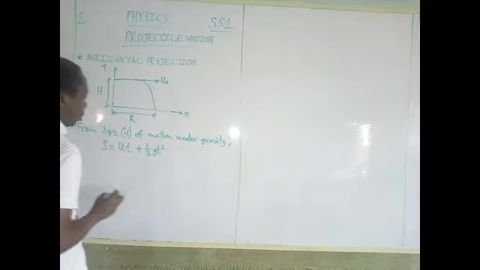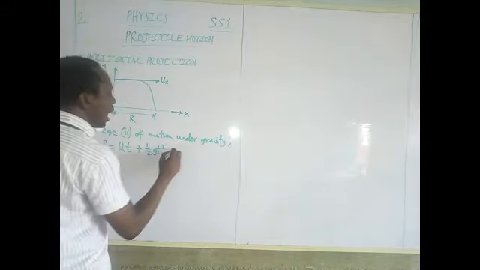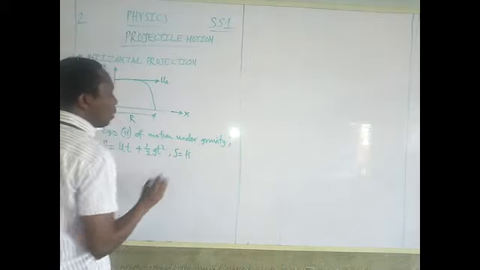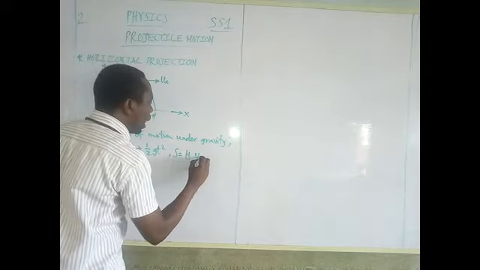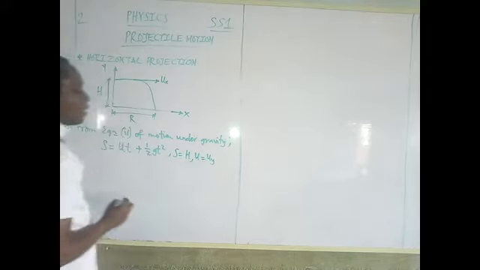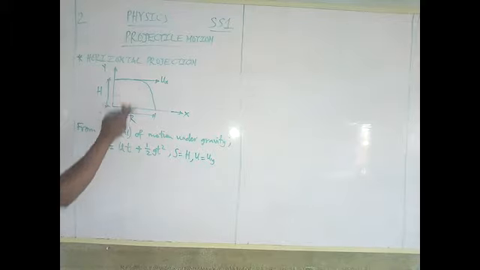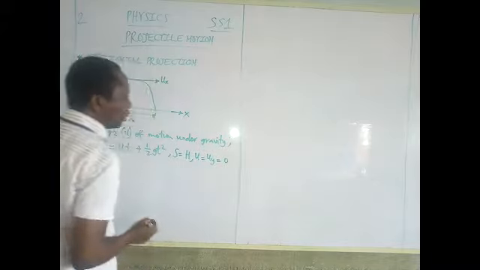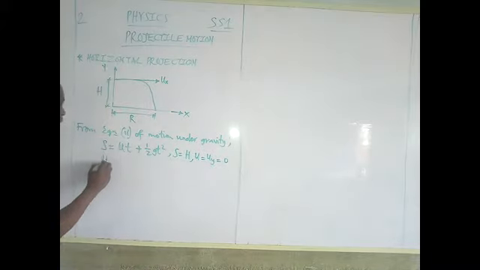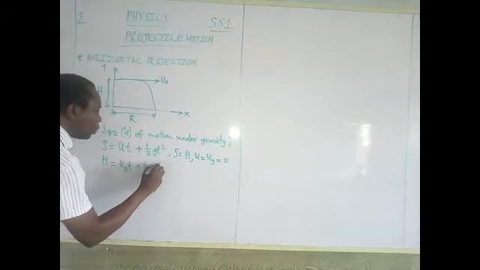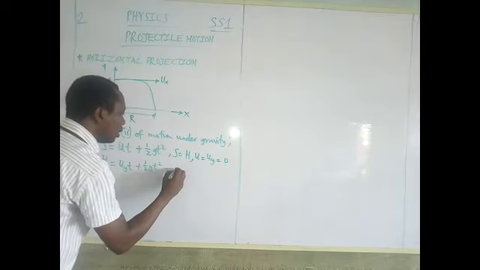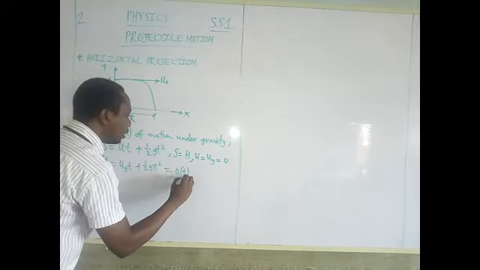If this S becomes our h, that is height, whenever we are talking about vertical, the u there is the vertical component of u. Because we only have the horizontal component of u, the vertical component of u is always 0. Take note of that. Now, this becomes h is equal to uy t plus 1/2 gt squared, and that will give us 0 into bracket t plus 1/2 gt squared.